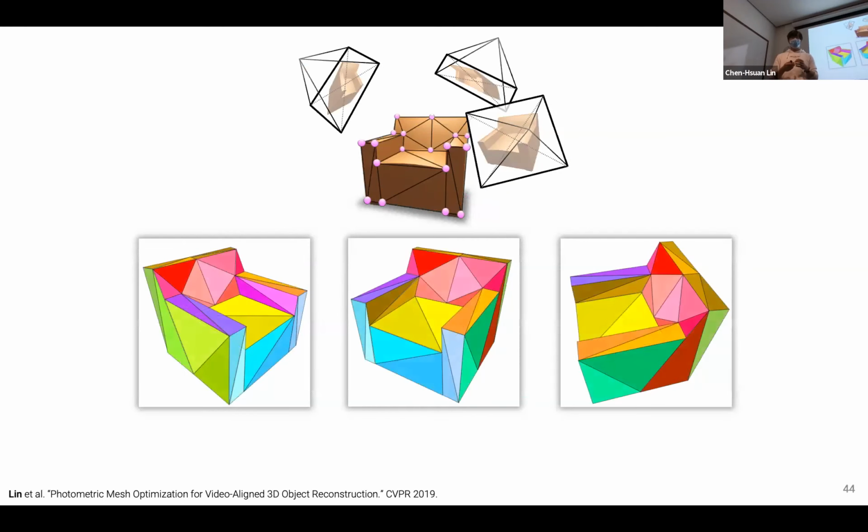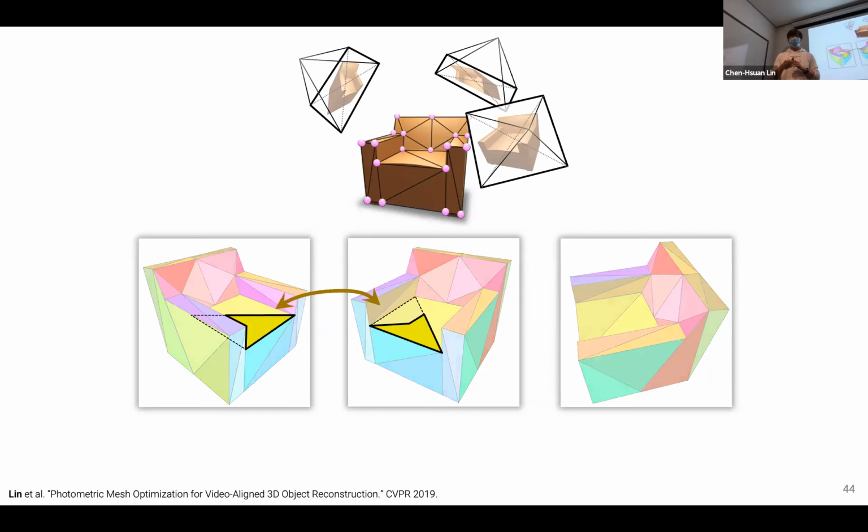When we compare two frames at different camera poses, chances are that we will have to handle a lot of self-occlusions when looking from different perspectives. Consider this particular yellow triangle being rasterized here. Different colors mean different mesh indices.